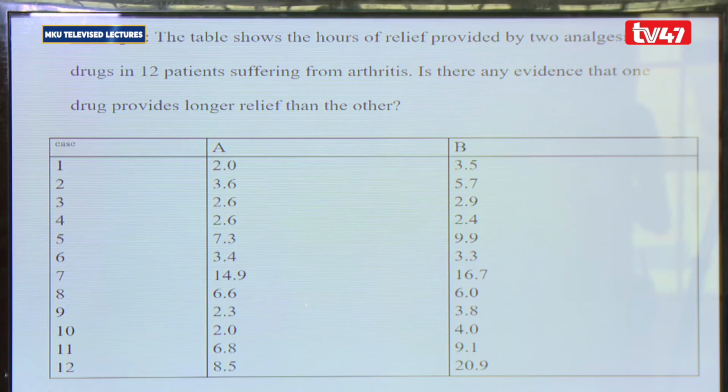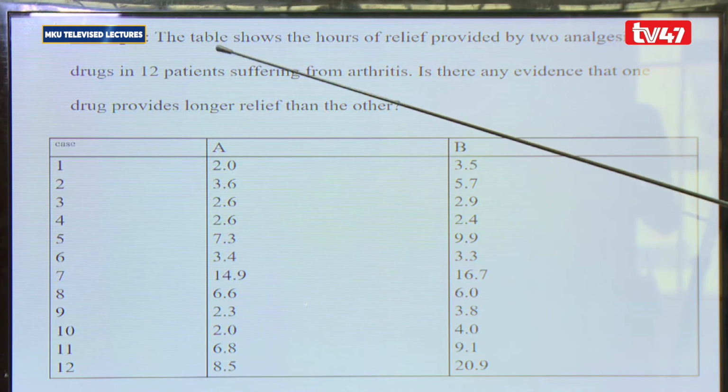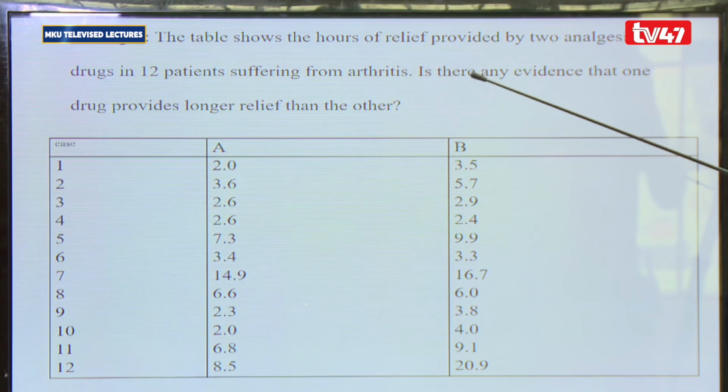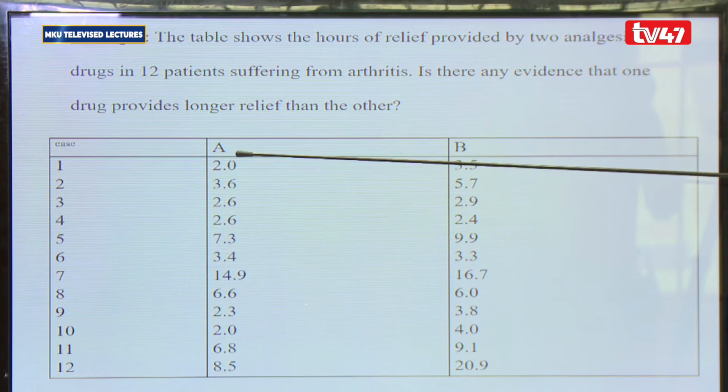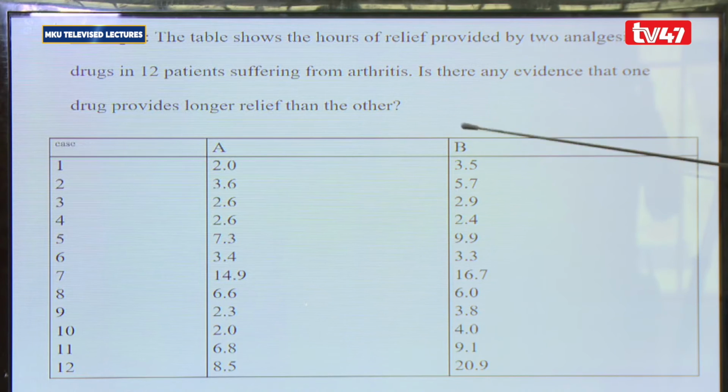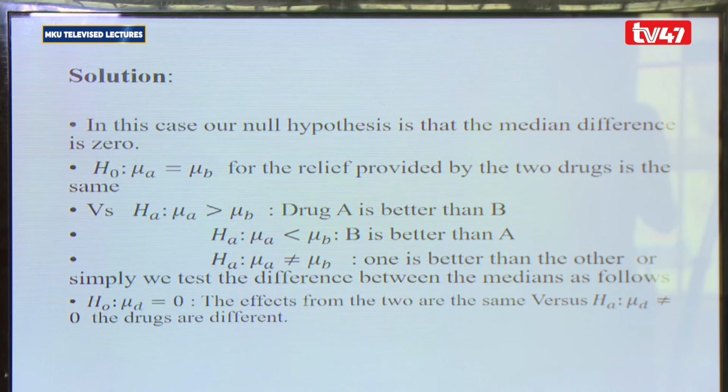So what we do now, we want to test the hypothesis. From the question itself, the hypothesis is non-directional. We have not indicated whether A is greater than B or B is greater than A in terms of the average number of hours of relief provided by the drugs.